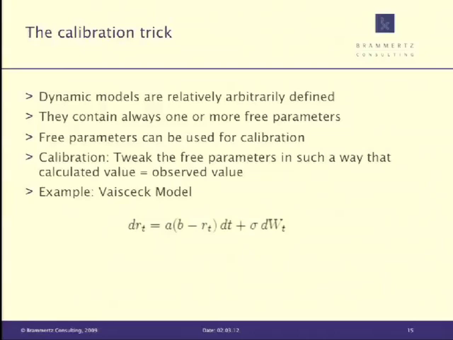The first condition for a dynamic model is that it has to be easy to handle mathematically. Relatively easy: still complicated enough that not everybody can follow, but you somehow can solve the problem. There's usually one or more free parameters in such a function, and these free parameters are used for calibration. You just choose the parameter so that the observed world equals the calculated world. That's what you basically do.